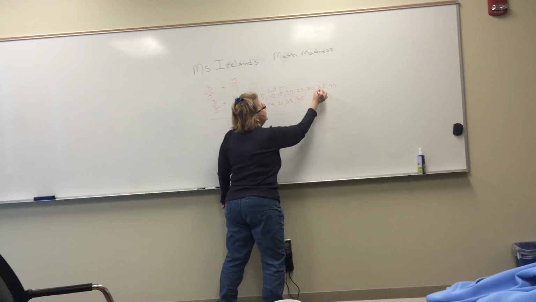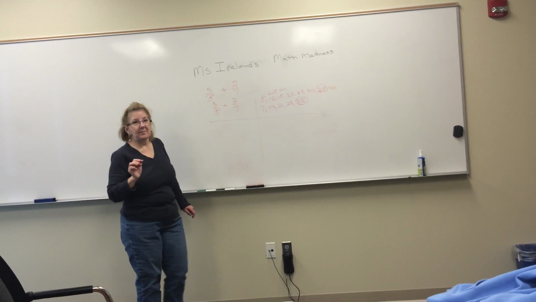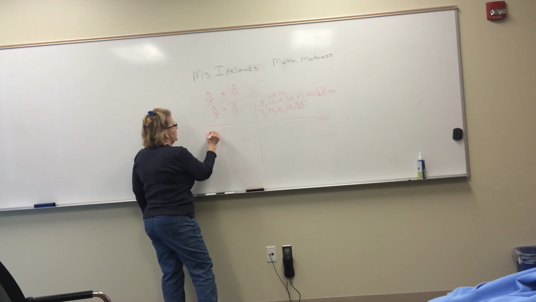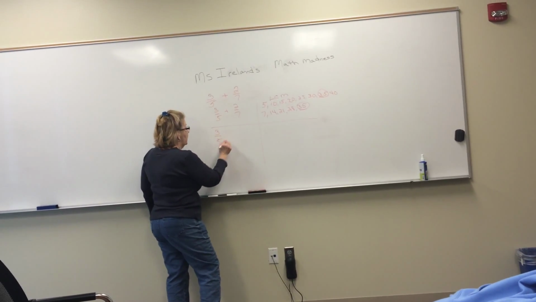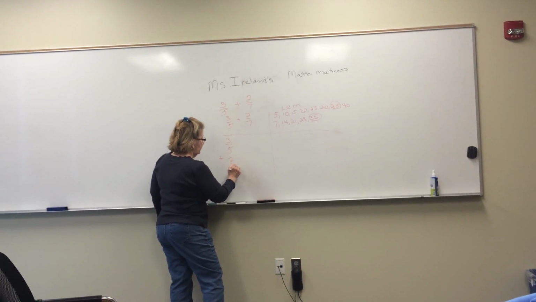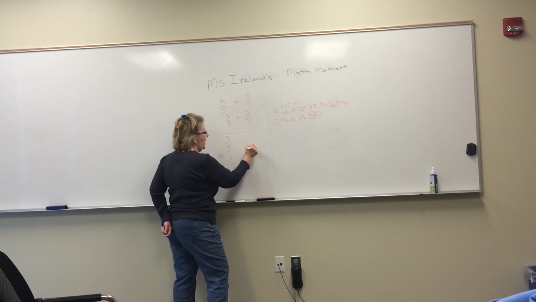Oh wait, we have one. 35. 35 is the least common multiple in both problems. So we're going to do 3/5 plus 2/7. And we said that the common multiple is 35.